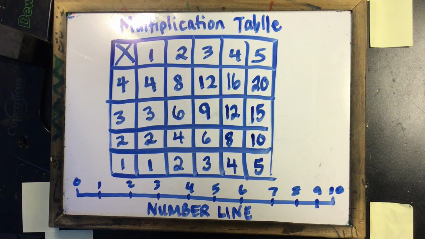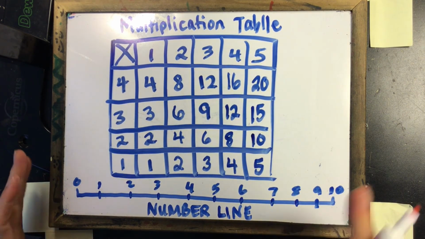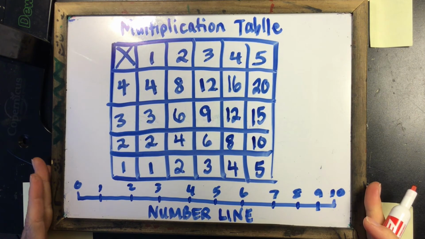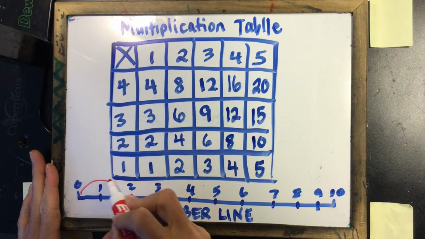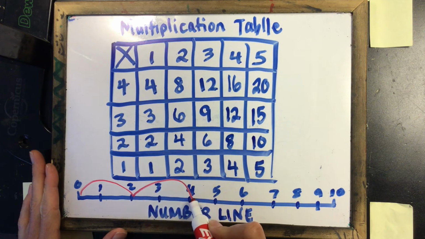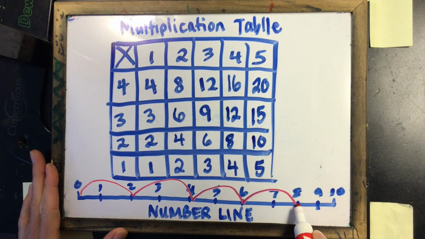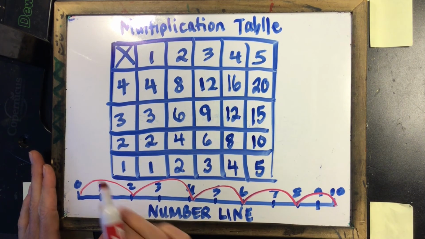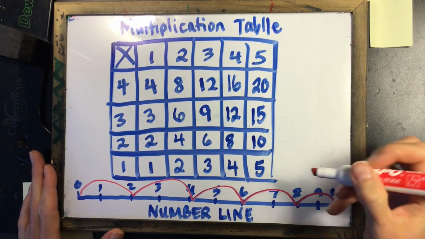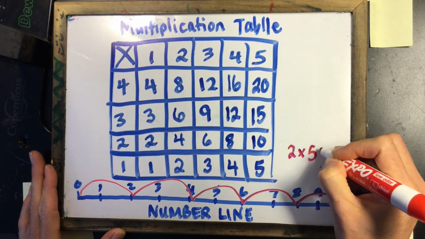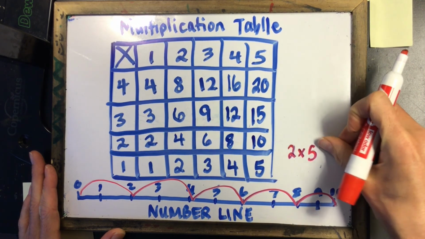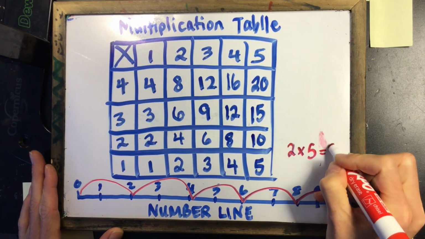So when we're working with a number line, or as they would say with Mathletics, a frog jump, sorry, we can count by 2s. So 2, 4, 6, 8, 10. Okay, and you can see here as I've done my jumps, 1, 2, 3, 4, 5. Okay, so 2 times 5, make sure I did this right, equals 10.